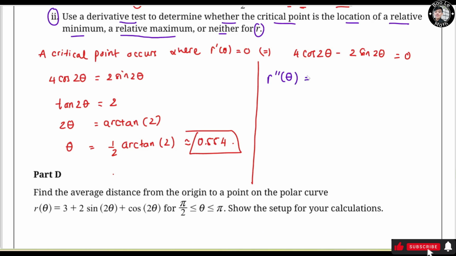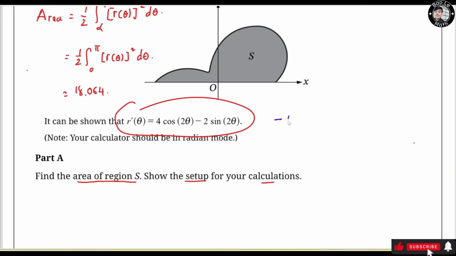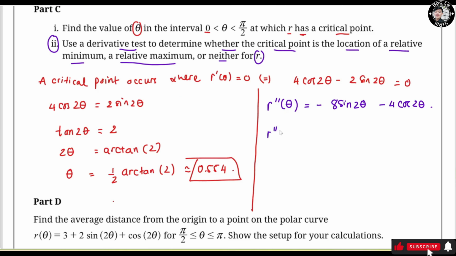It's going to be -4 times 2 sine of 2 theta minus 2 times 2 cosine of 2 theta. Simplify this, it's going to be -8 sine of 2 theta minus 4 cosine of 2 theta. r double prime of 0.554, right here.